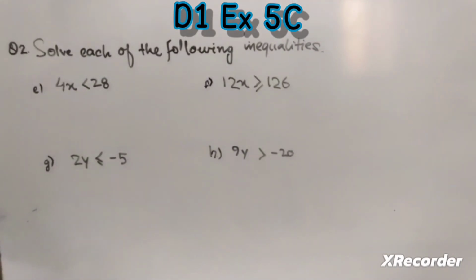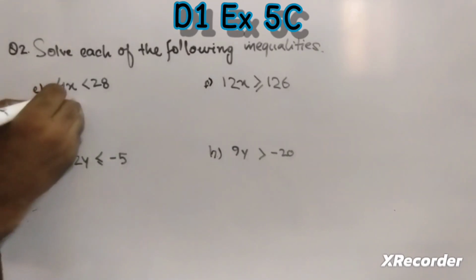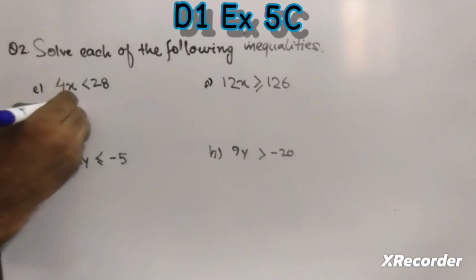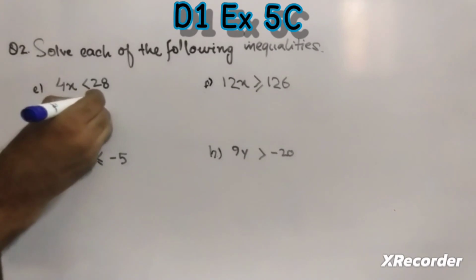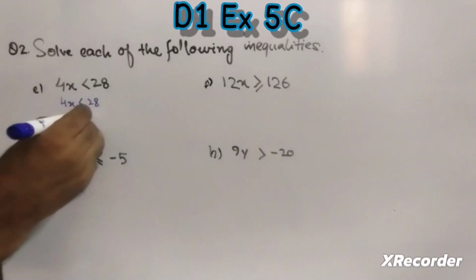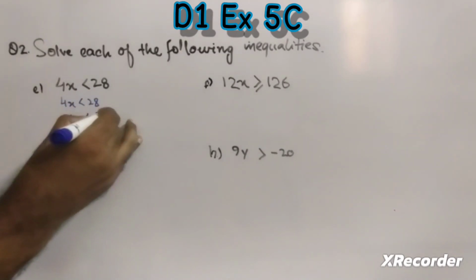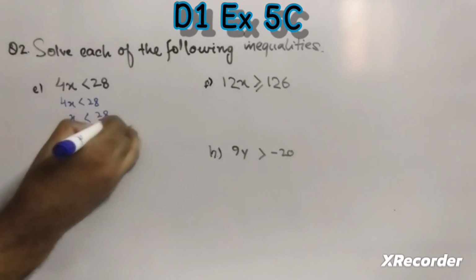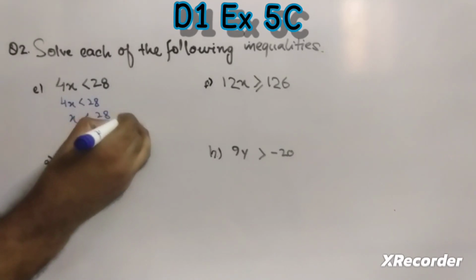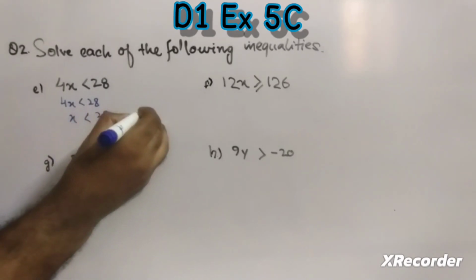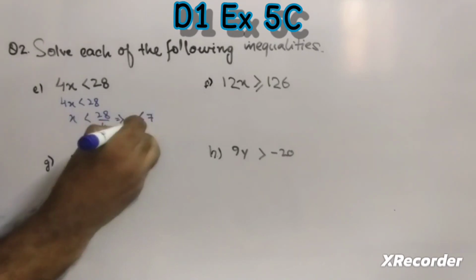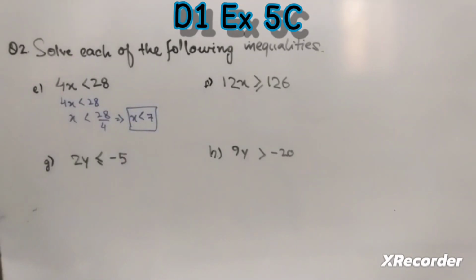Now moving to part E, 4x is lesser than 28. So 4 times x is lesser than 28, so x is lesser than 28 upon 4. This is our required answer.